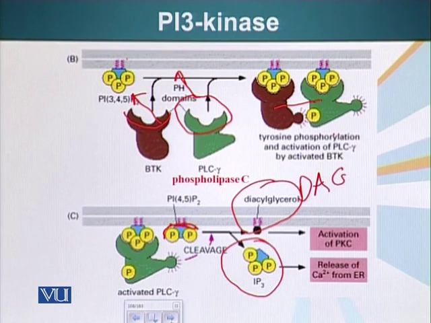So DAG can also serve as a structure to which other proteins, other molecules can bind and become activated. IP3, we have said, can bind receptors on the endoplasmic reticulum. These are ion channel receptors which open up as a response, and there's an influx of calcium inside the cell.